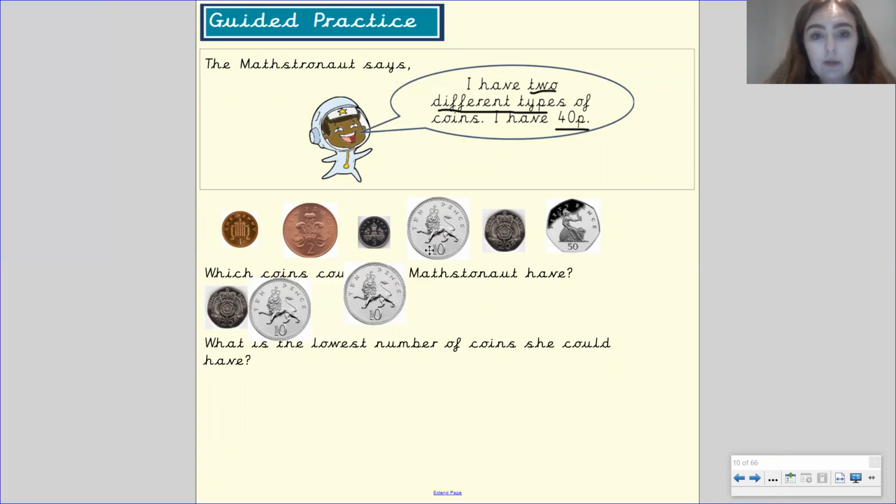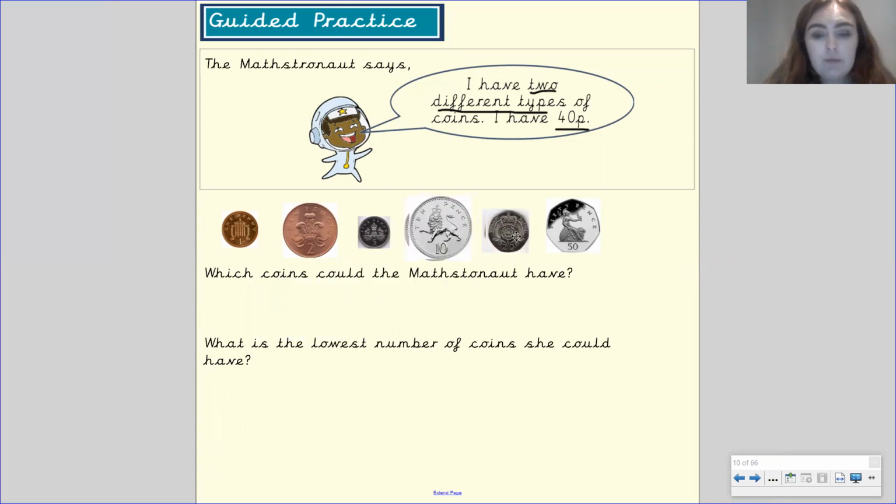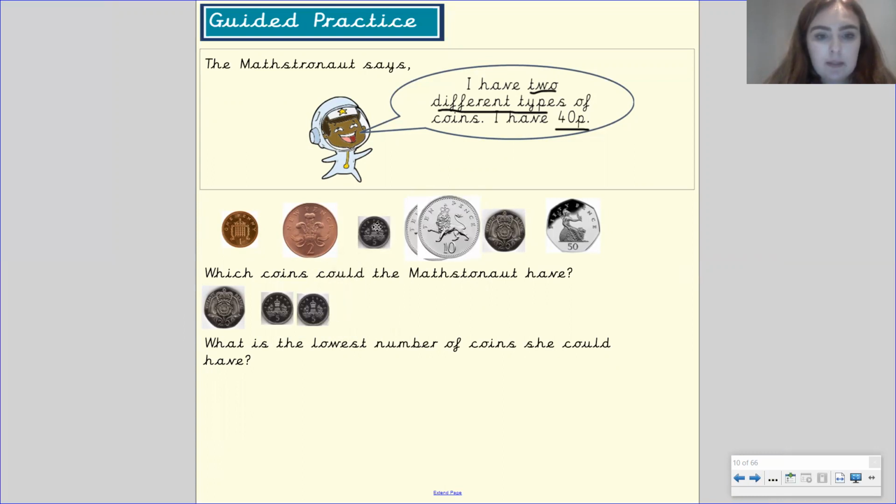Another way that I could have made 40 pence is by having 20 pence, a 10 pence. Oh no, sorry, not 20 pence and 10 pence. 20 pence, 5 pence, 5 pence, 5 pence, 5 pence. So again, I've got 2 different types of coins here, and they make 40 pence because I've got 20, 25, 30, 35, 40.